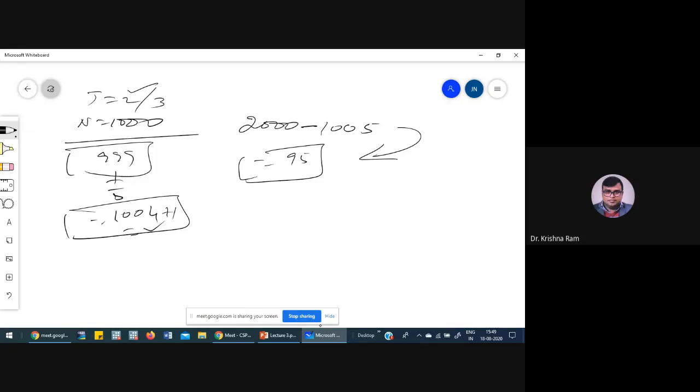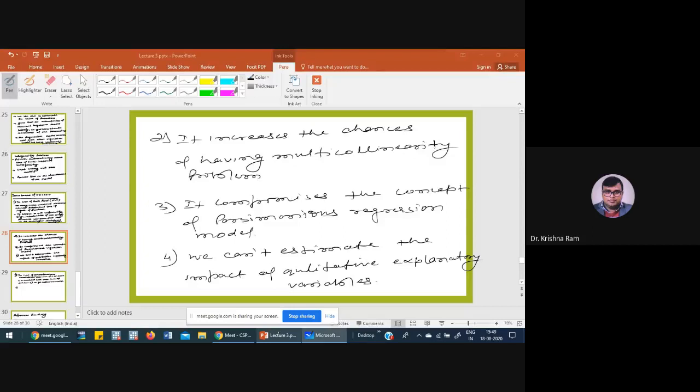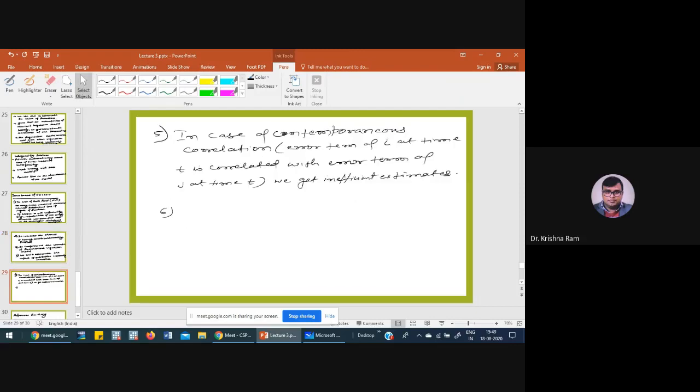More about the model: when we do fixed effect, we compare the result of fixed effect least square dummy variable with the fixed effect regression model result, and there we will talk about a few more things.